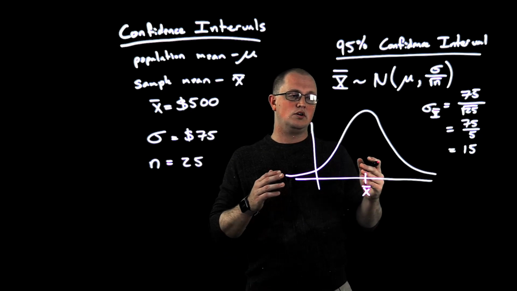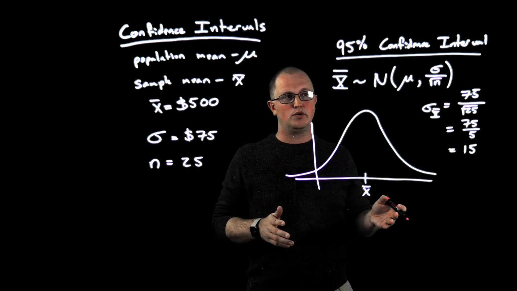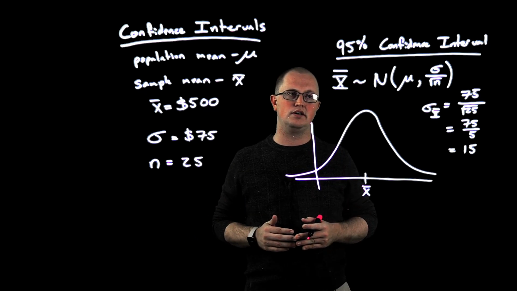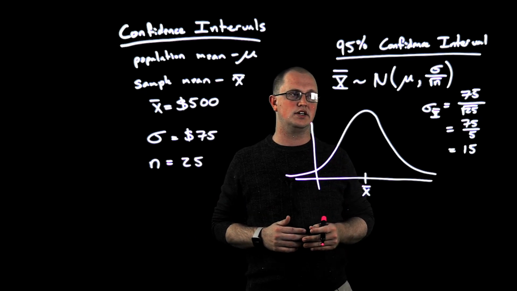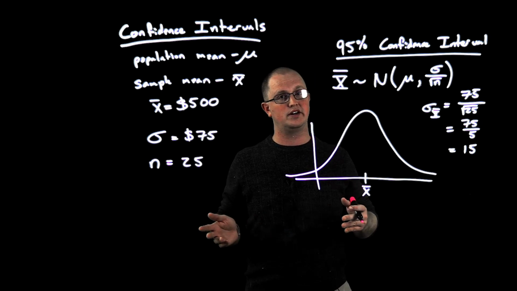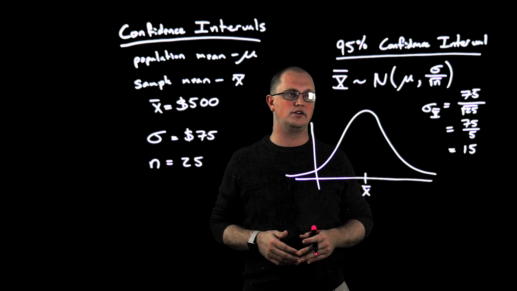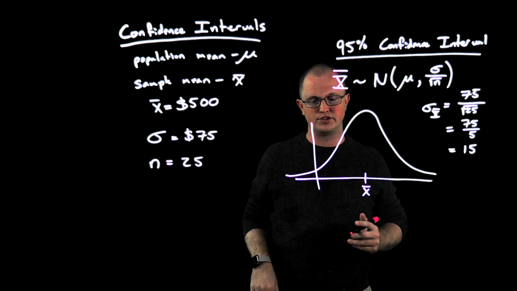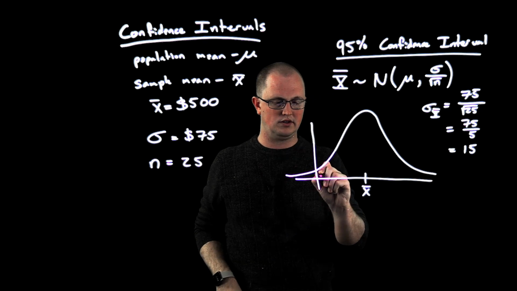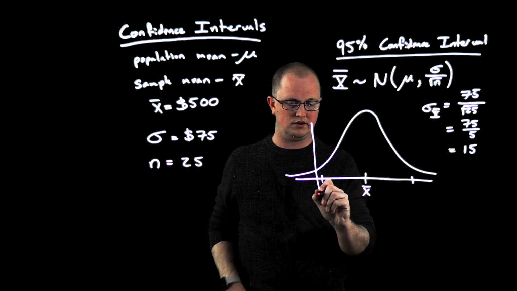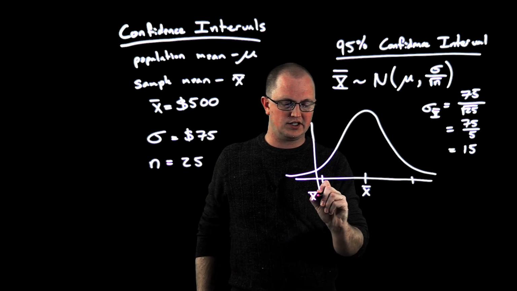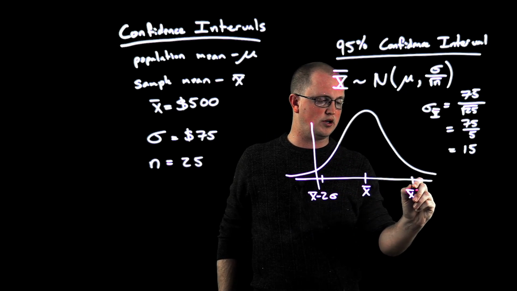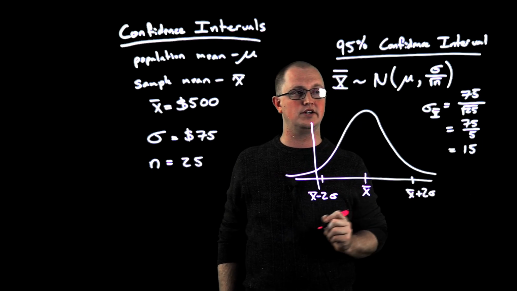And if you go back and remember when we talked about the normal distribution very early, we had the 99, 95, 68 rule, or the 68, 95, 99 rule, depending on how you learned it. It says that we can pick up 95% of this probability between X bar minus 2 times the standard deviation and X bar plus 2 times the standard deviation.